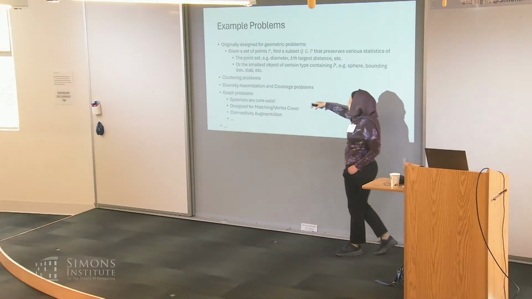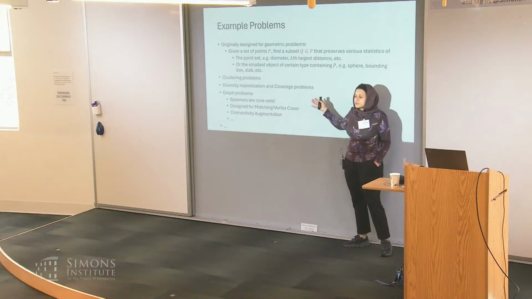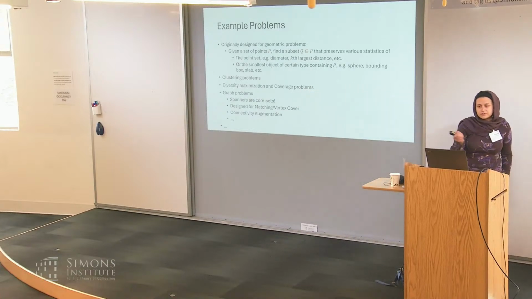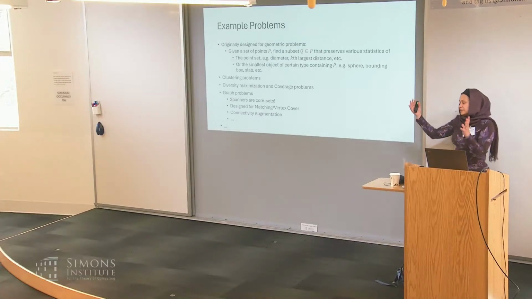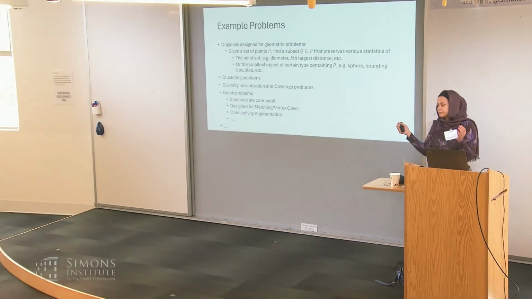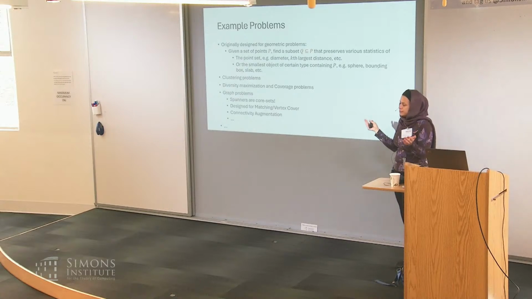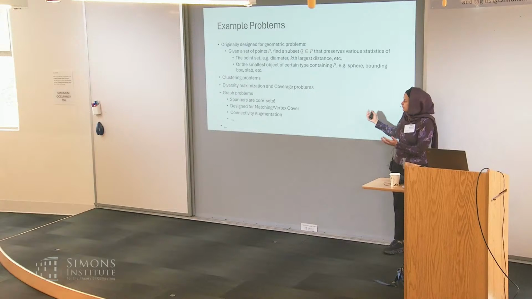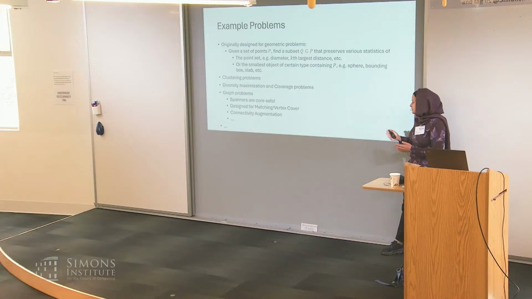Okay, and I also want to mention that in the context of graph problems, coresets have also been considered. If you think about it, the spanners themselves are a type of coreset, right? It's a smaller number of edges from the original graph that preserves the shortest distances between all pairs of points. Okay, so in some sense, spanners are also a coreset that preserve shortest distances.